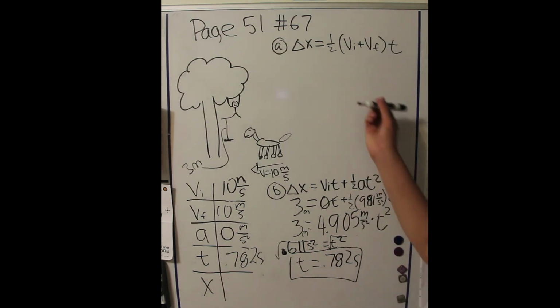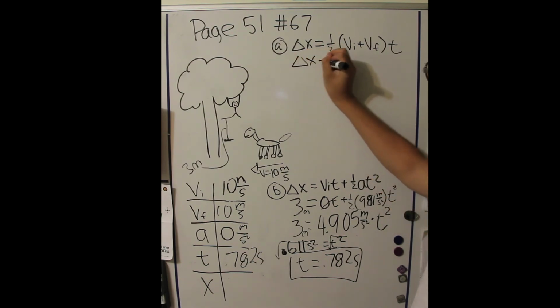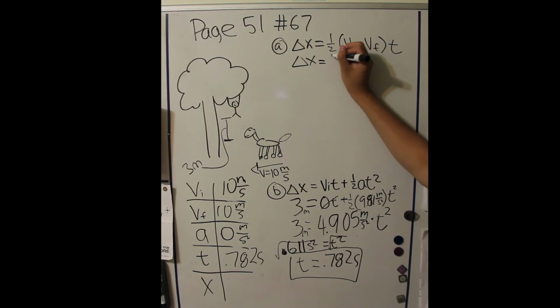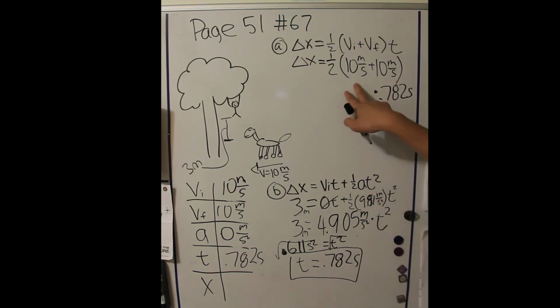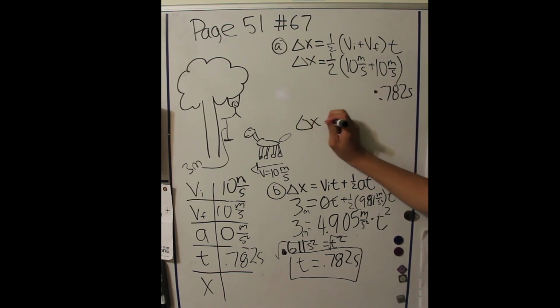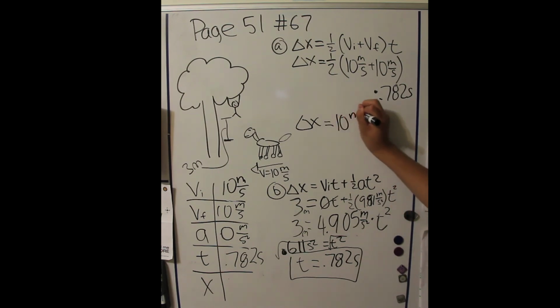So if we plug in our values, we're solving for change in x, so we bring down the 1/2, add initial velocity, 10 meters per second, to final velocity, 10 meters per second, multiply that by time, which is 0.782 seconds. 10 meters per second plus 10 meters per second times 1/2 equals 10 meters per second.